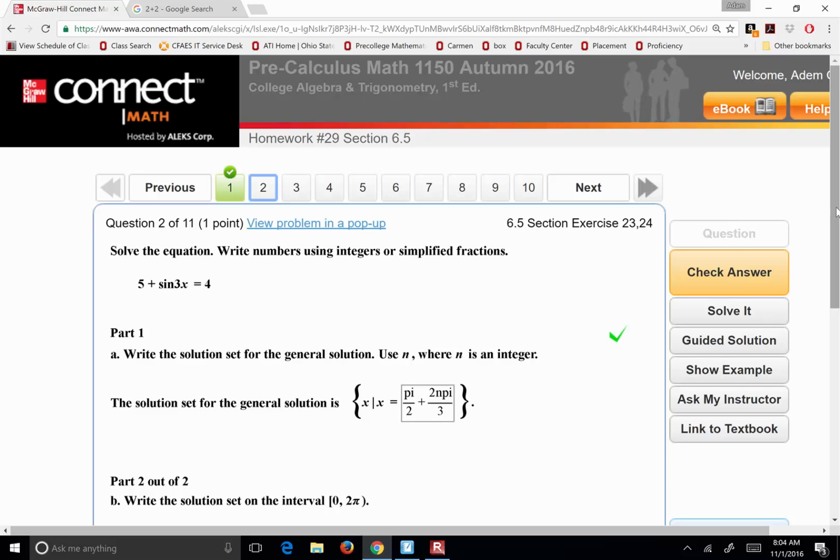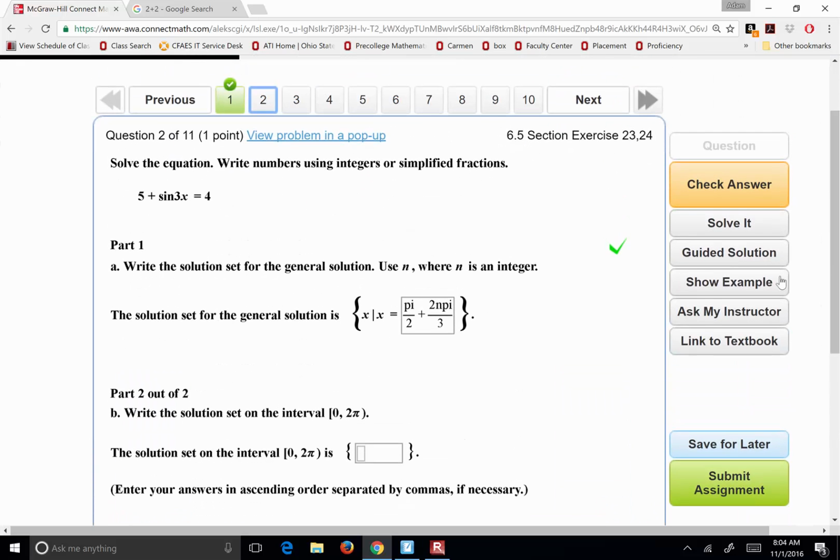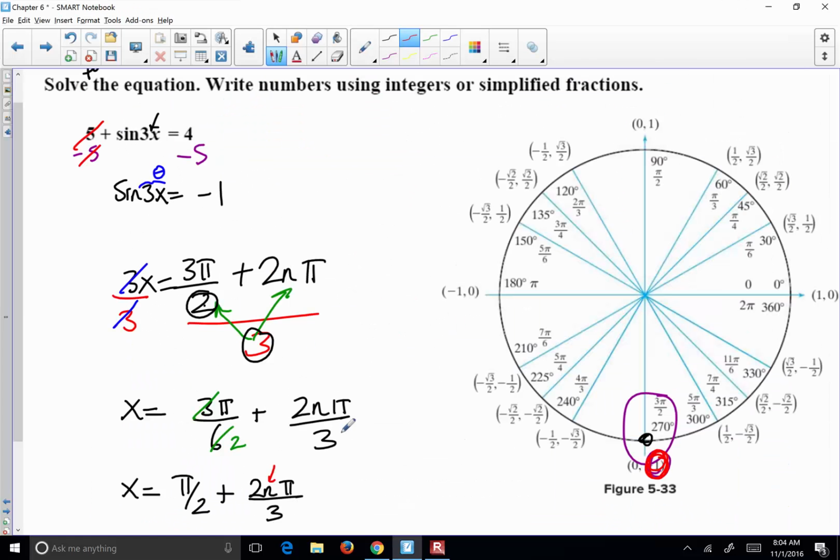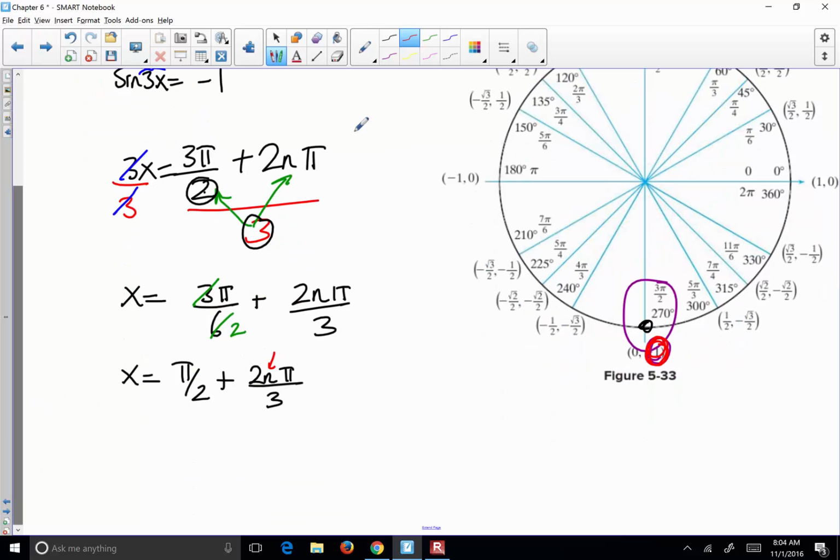Alright, here's the second part coming up. This is the general solution, but they request the values. You choose n, and it can be 0, 1, 2, -1, -2. I want you to choose n values so that x will stay from 0 to 2 pi.